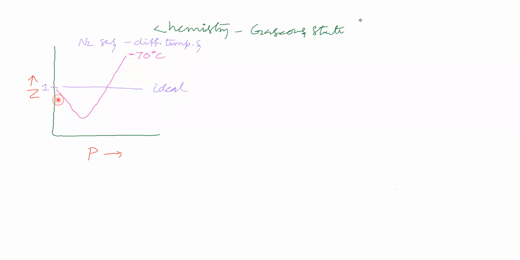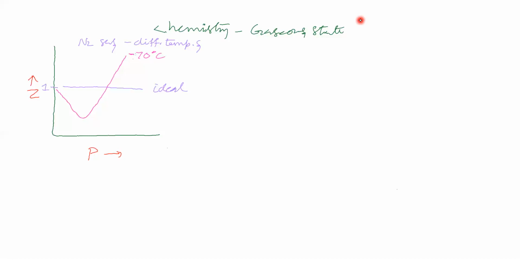Here attractive force is dominating, here repulsive force is dominating. Here the magnitude of attraction increases, then the magnitude of attractive force decreases, and the magnitude of repulsive force increases. So nitrogen gas at minus 70 degrees Celsius shows negative deviation as well as positive deviation, which depends on its pressure.